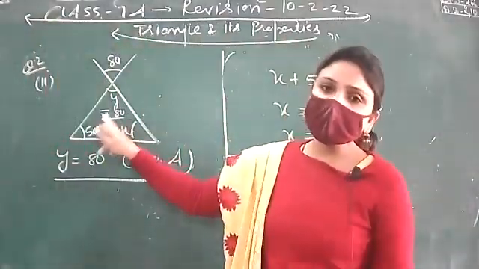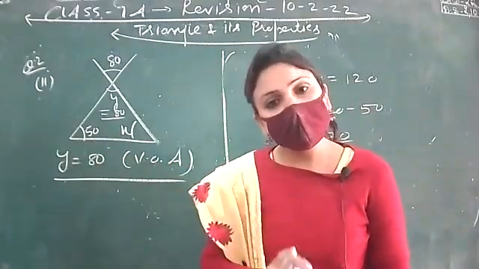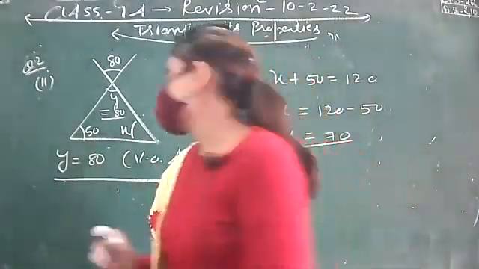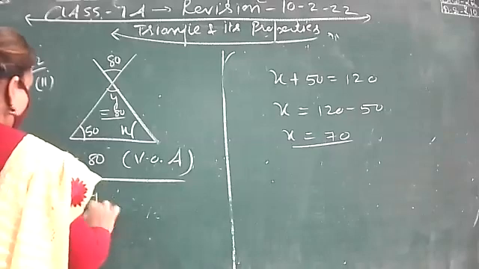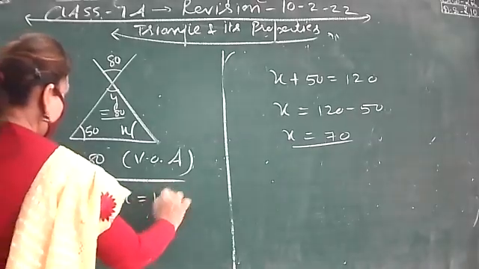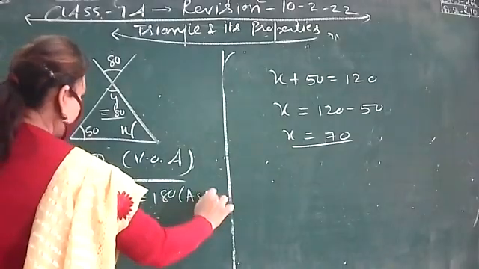Now this is 80, this is 50, this is X. Now you can use angle sum property. We will write 50 plus y plus x is 180, angle sum property. Put the values.